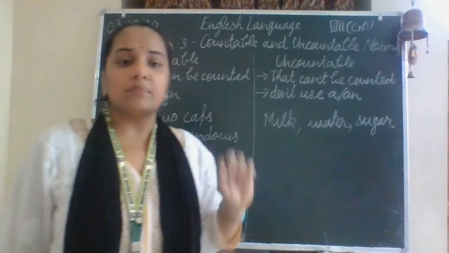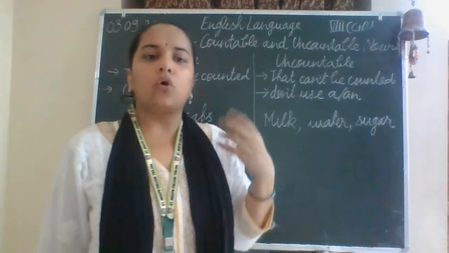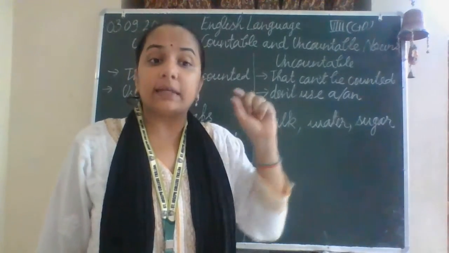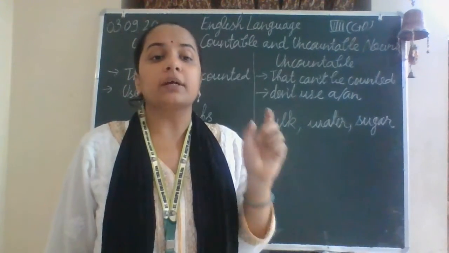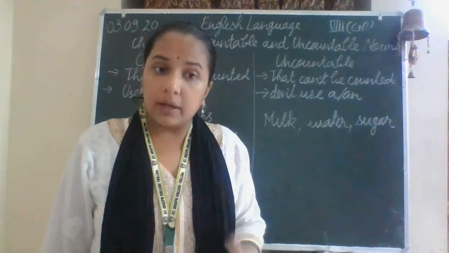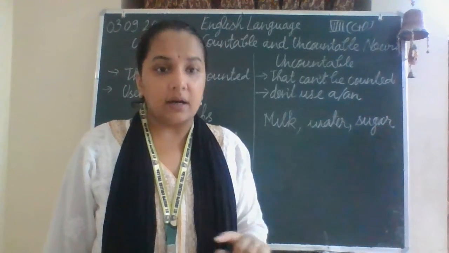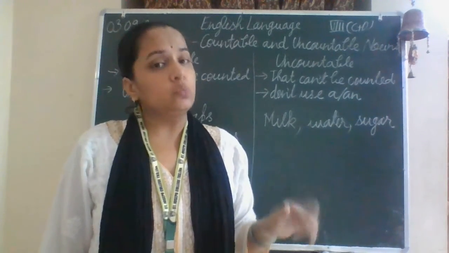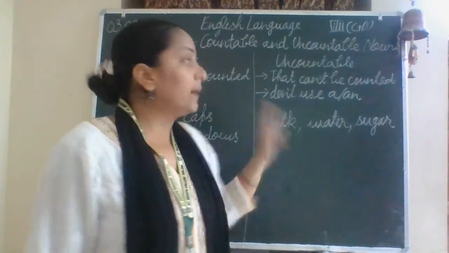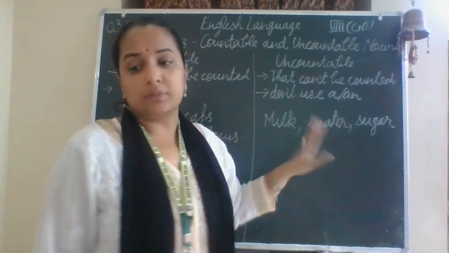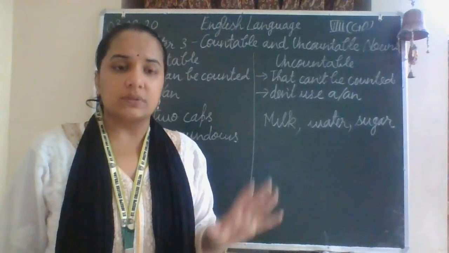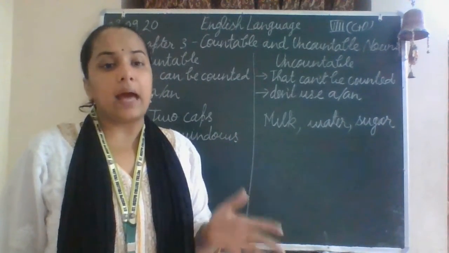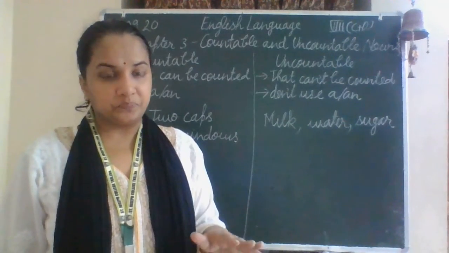Whenever I'm saying a glass of milk or a glass of water, that a is used for the glass, which is also a noun, and glass is a countable noun. That's why there we can use a or an, but otherwise with the uncountable noun we do not usually use a, an or one.